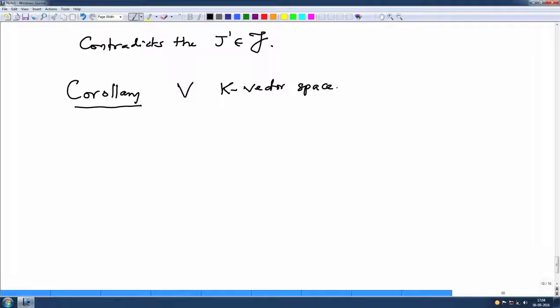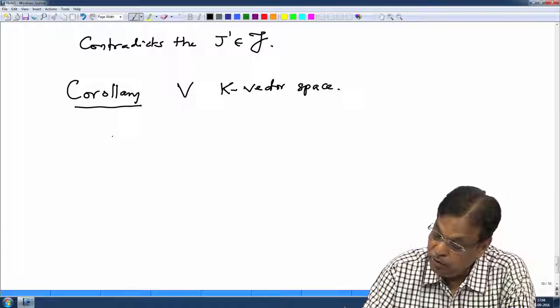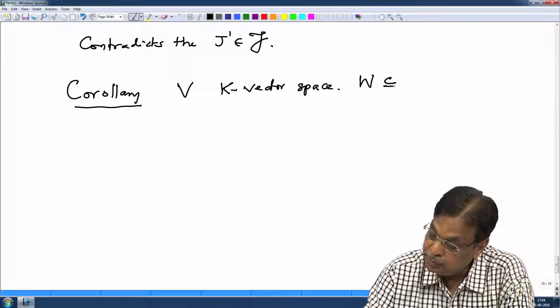In this corollary I have collected the special cases of the above theorem which will be handy to use. And W be a subspace of V.